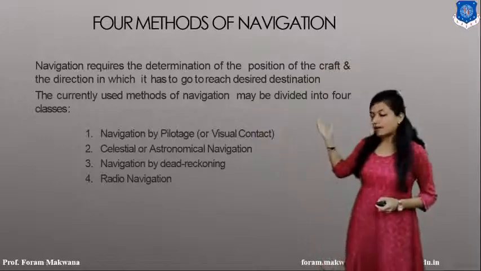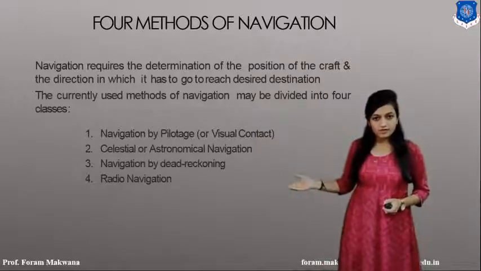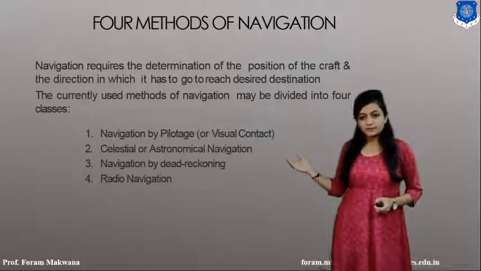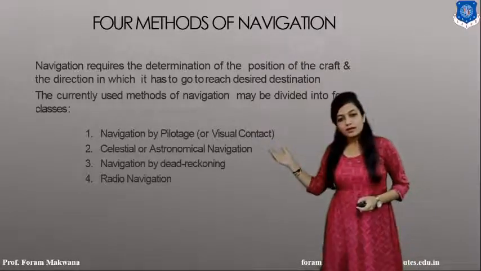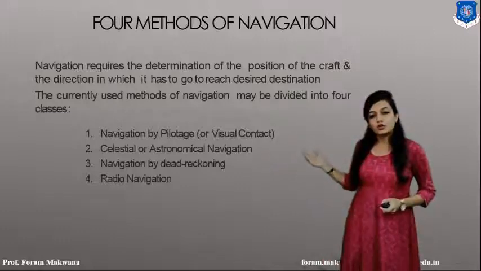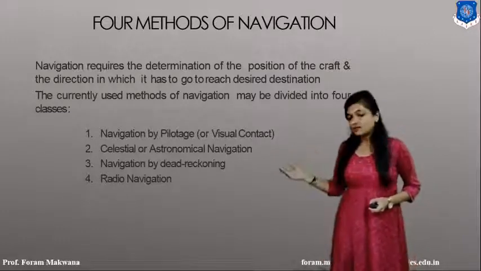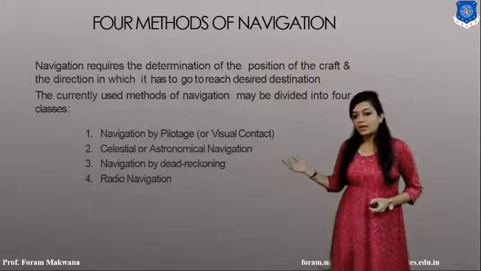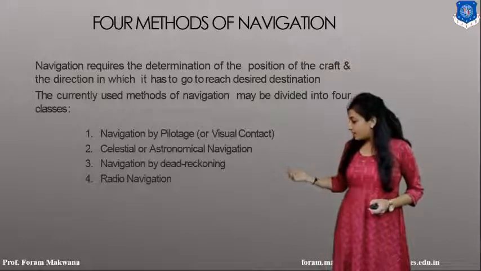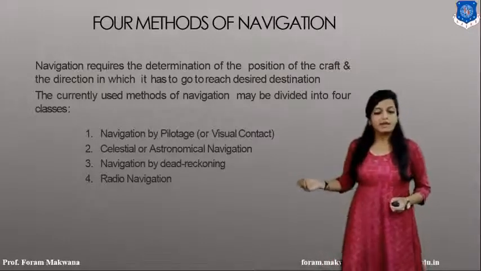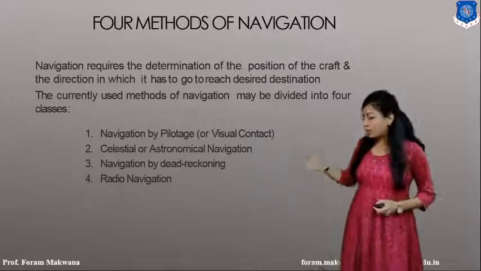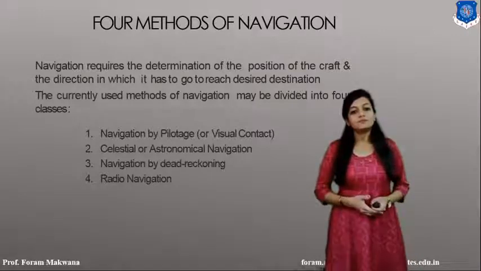Currently there are a total of 4 methods of navigation. First is navigation by pilotage, with the help of visual contact. Second is celestial or astronomical navigation. Third is navigation by dead reckoning, and the fourth is radio navigation. We will see all these methods one by one.